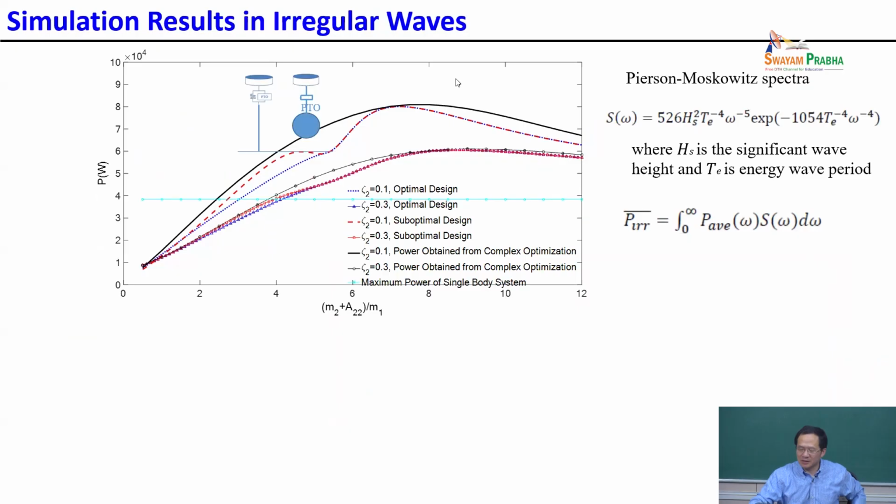As I mentioned in another figure, when you design the system, we design for the single frequency case. How about that result? You design for the dominant single frequency case and apply it to the broad frequency case to see the result, to see whether your design makes sense or not.